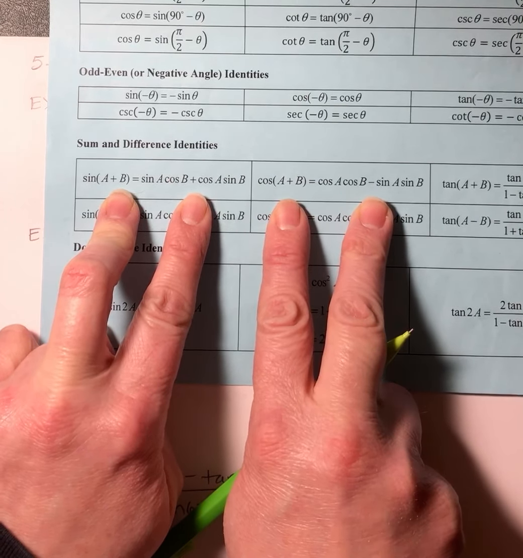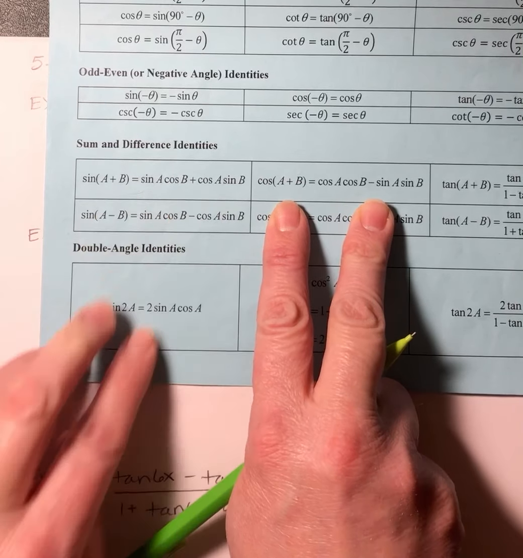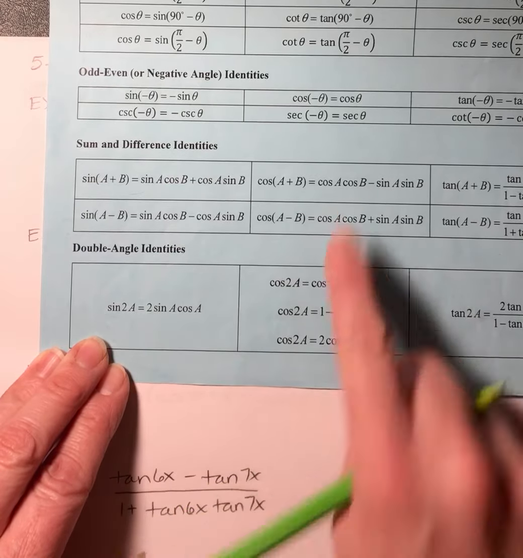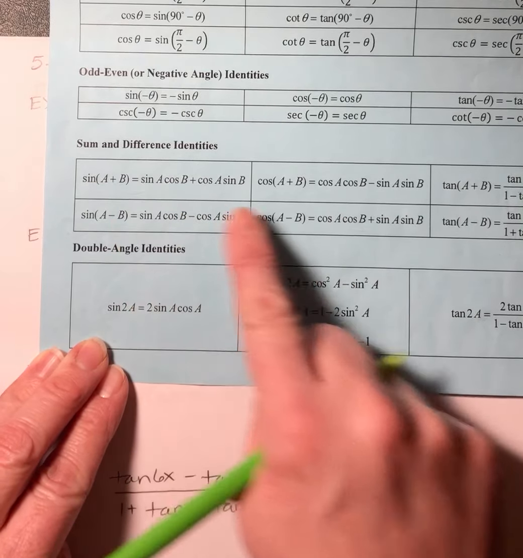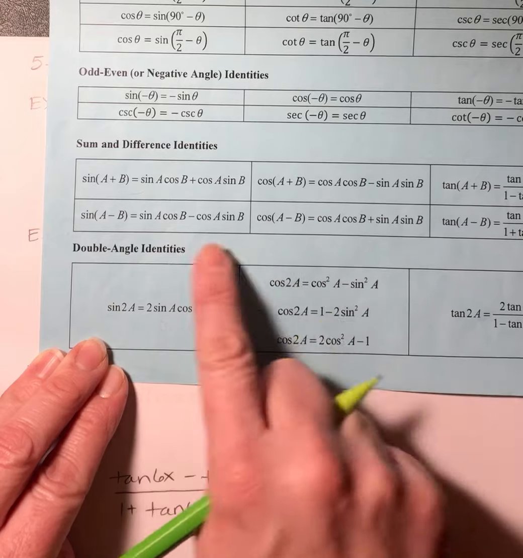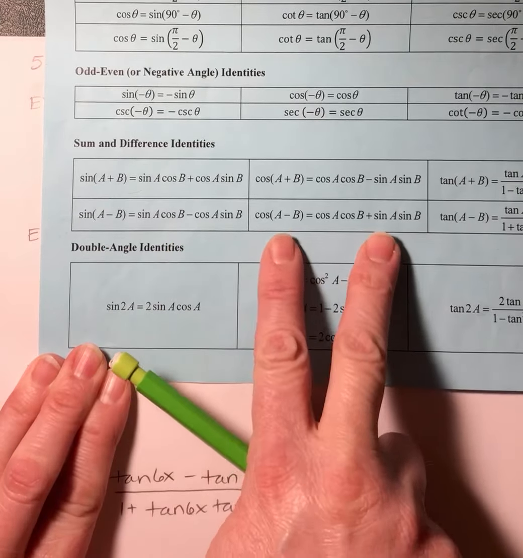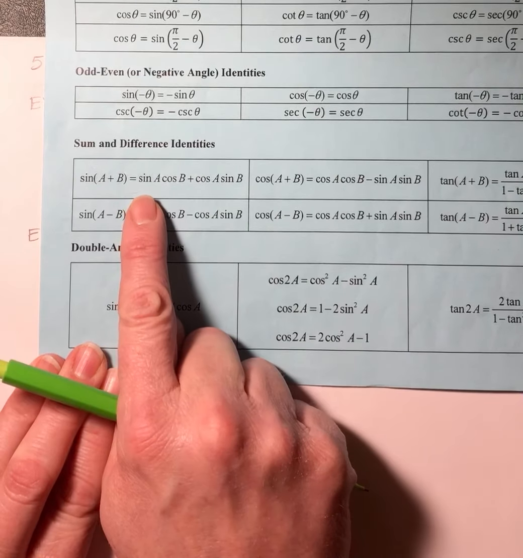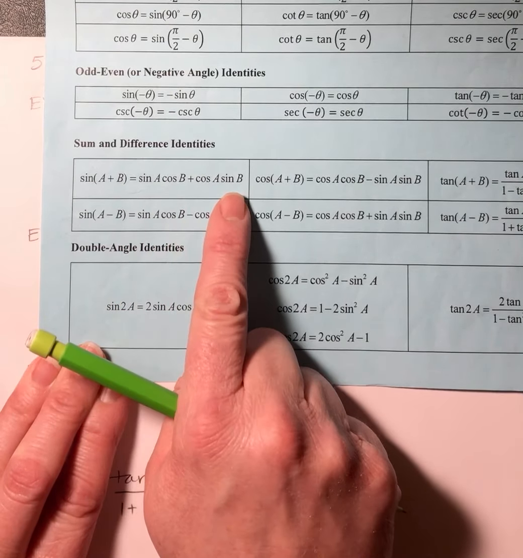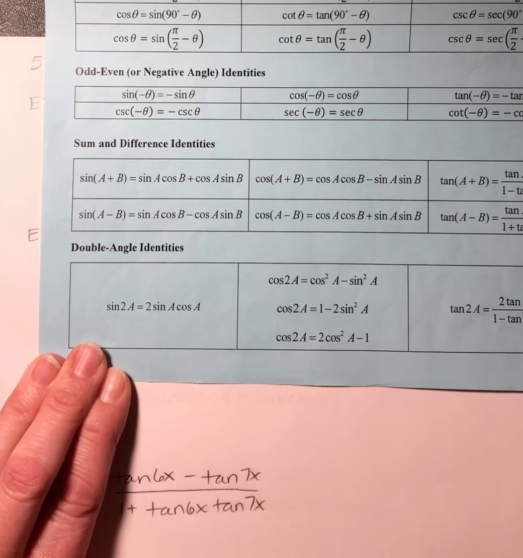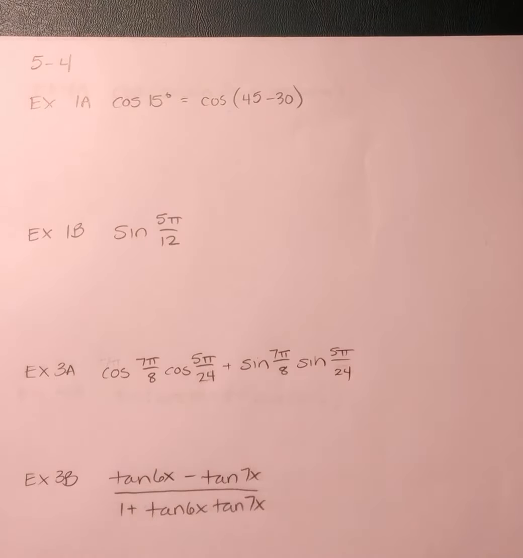So if you say this little cheer in your head, sine, cosine, cosine, sine, cosine, cosine, sine, sine, you can remember the sine of a sum and the cosine of a sum or difference. It ends up being the same because those are the same and those are also opposite. And you can remember those formulas without having to use your cheat sheet. For how many times that you end up using these, it's handy.